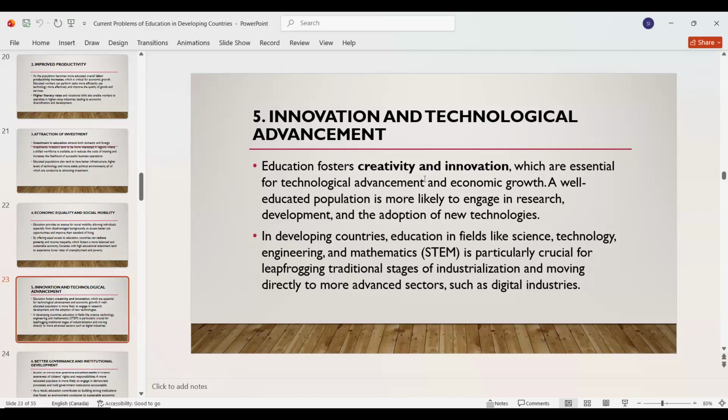So education fosters creativity and innovation, which are essential for a technological environment. A well-educated population is more likely to engage in research, development, and the adaptation of new technologies. So now you are doing bachelor's, right? To do master's, you have to do a research. If it is a master's degree, 6 months, they will give to do a research.